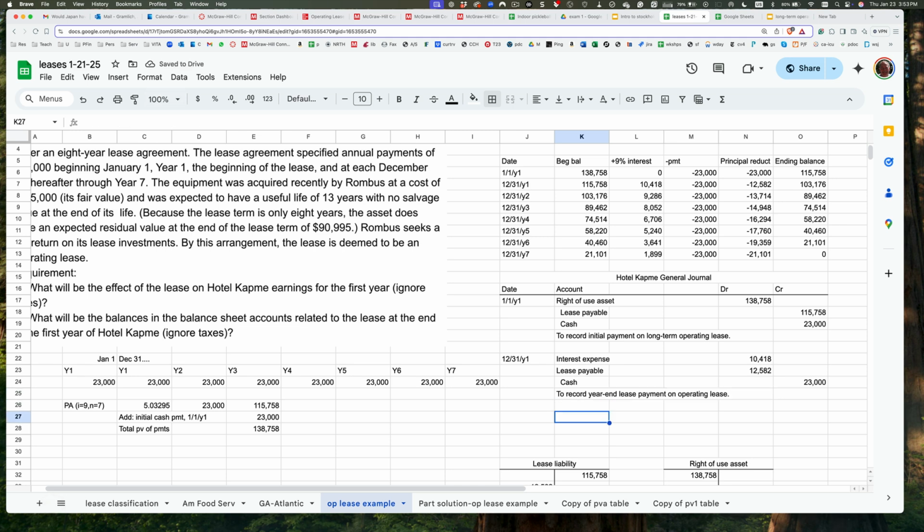Then we're going to come along on 12/31 year one, and we're going to make an adjusting entry. And the adjusting entry looks like this.